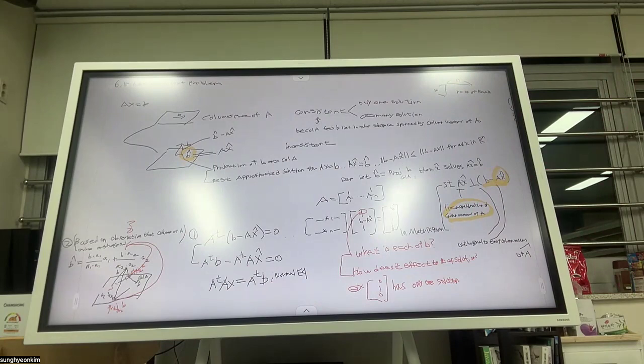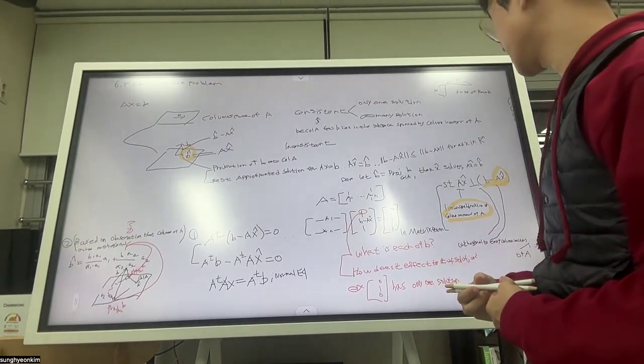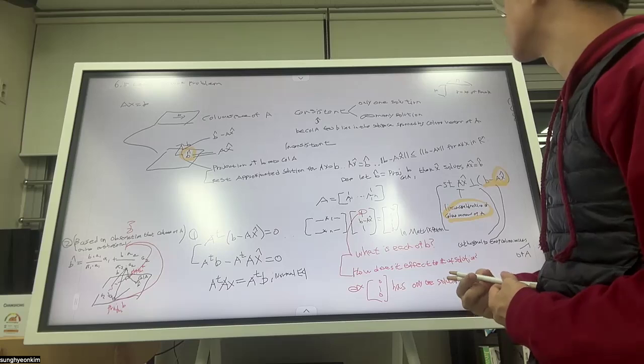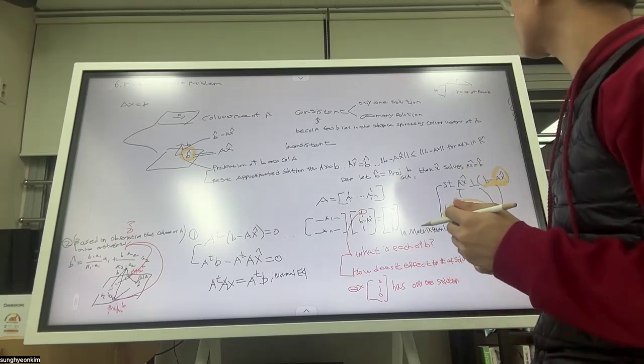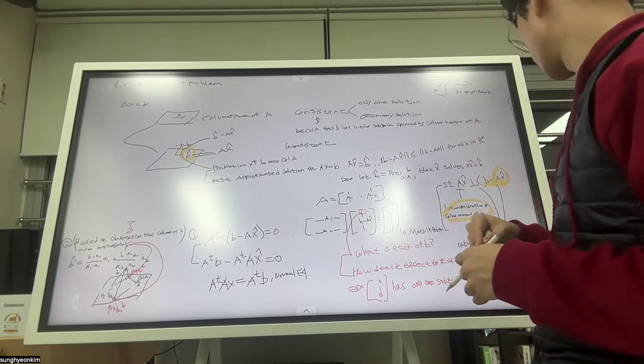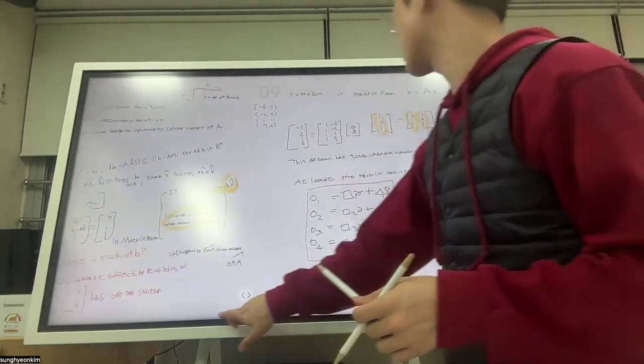How can the two be connected? It's very simple. Let's talk about the consistent and inconsistent notions. There will be only one or many solutions if it is consistent. If not, we say it is inconsistent.